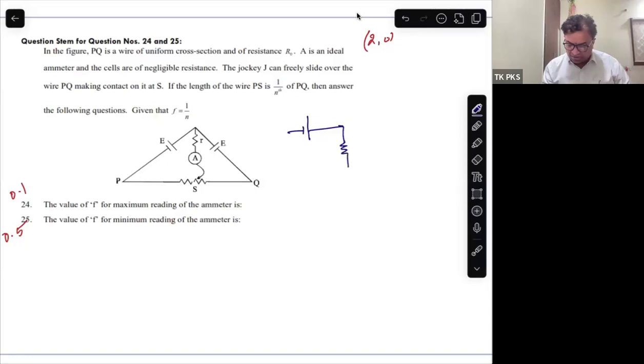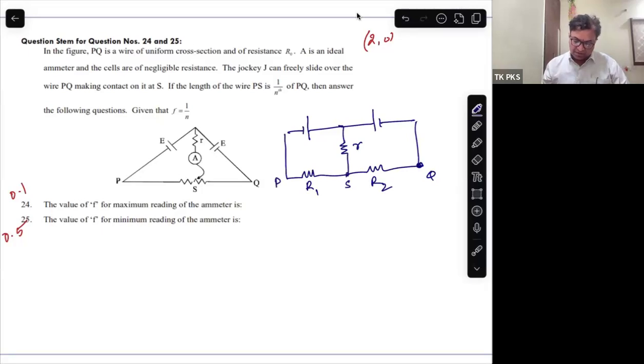Forget about the ammeter for a while. This resistance is R1. And this resistance is R2. Remember, here it is P, here it is S, and here it is Q. Right. Now, automatically, EMFs are same. Right. Okay. So, frankly speaking, in this, what is it that you want? If there is any current, it has to pass through R only.